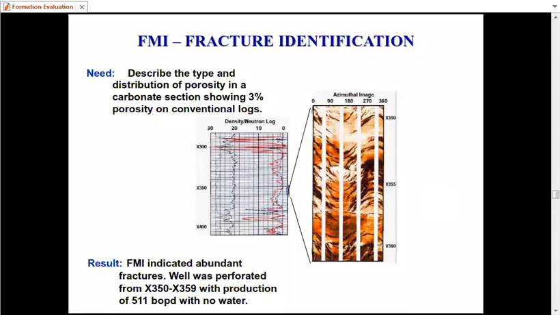And the FMI indicates abundant fractures and also indicates this well was perforated from an interval of depths, and the bottom interval will last and will consider the water or oil fluid coming from the formation.